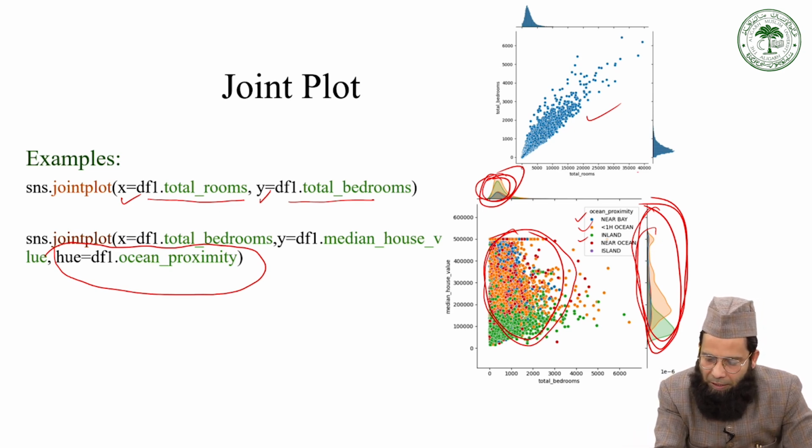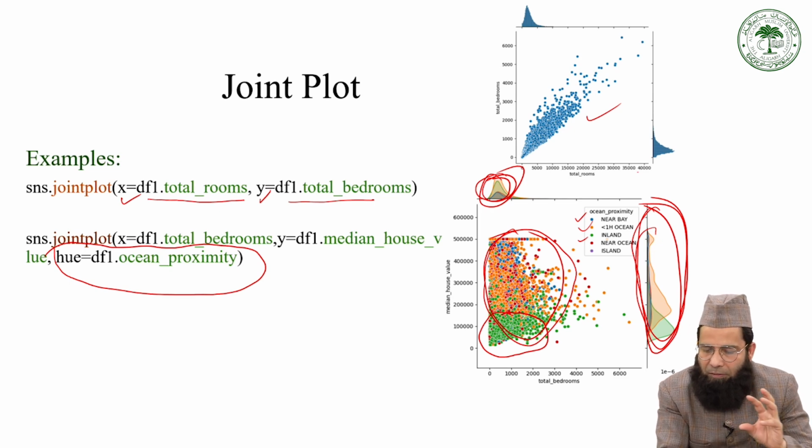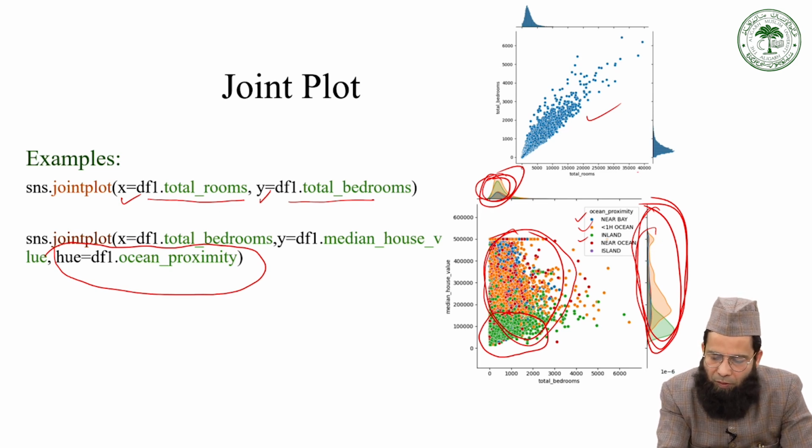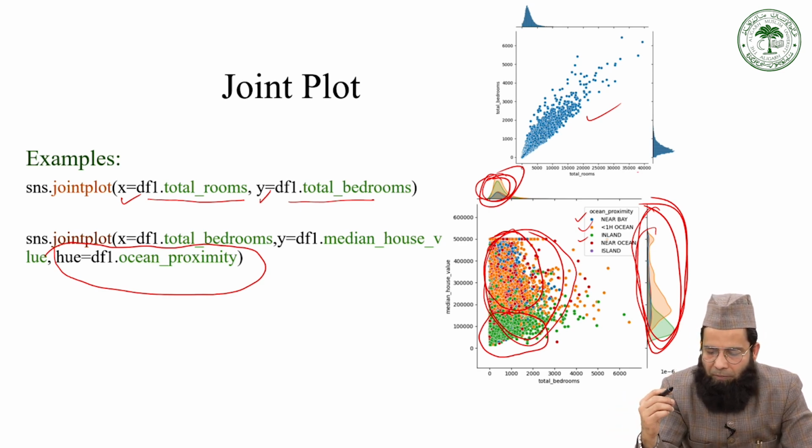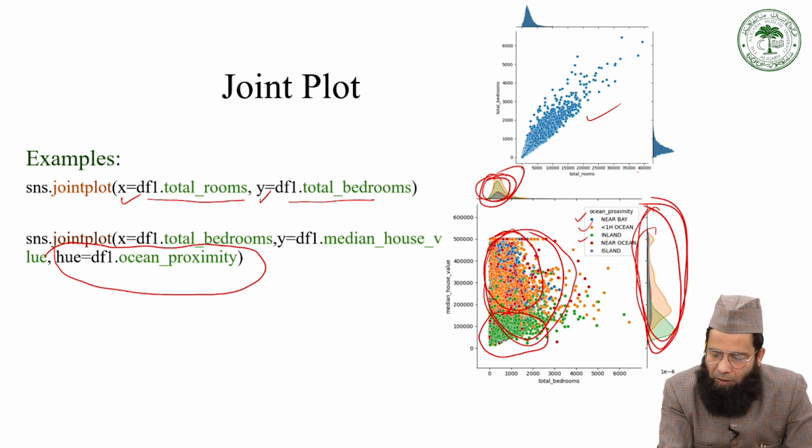So as far as this green color is concerned, you can see here green is actually inland. So the inland type of property is having low median house value. But if you see these orange colors, orange is for less than 1 hour from the ocean. So these are having much more variation, and the lower median value is of this inland property, right?